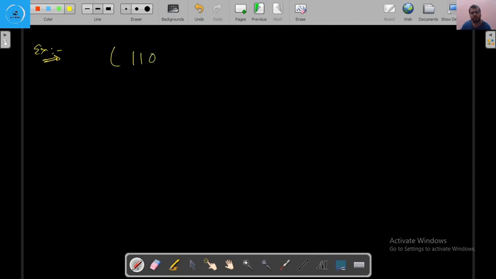Here 1 1 0 1 1 0 0 1 1 1 1 0. This is given in binary and we are going to convert it into hexadecimal. So we are going to group the binary digits from the left side into groups of 4.